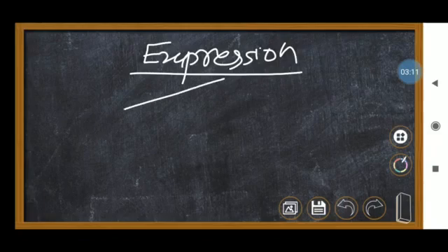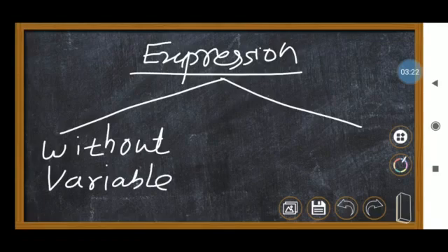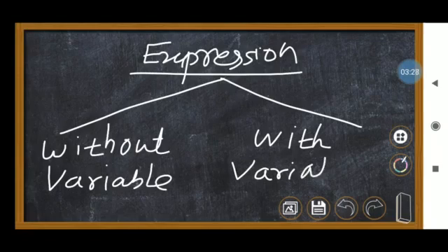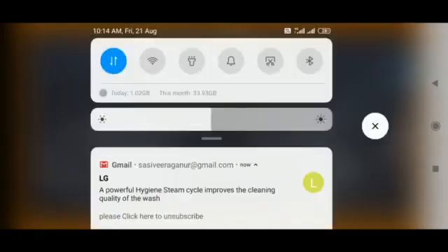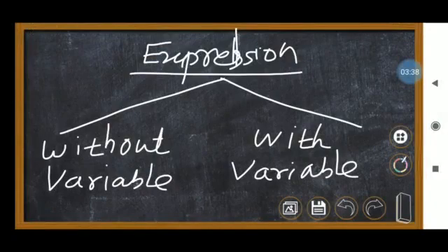The expression can be split into two kinds: first, without variables, so without a variable we can form an expression; and with variables, with a variable we can also form an expression. These are the basic concepts: how can we form the expression without variables, and how can we form it with variables?